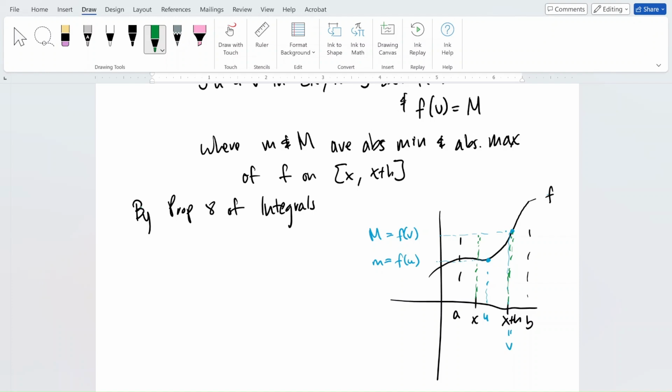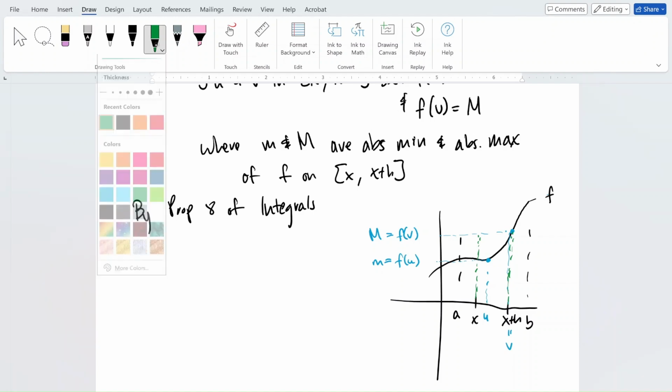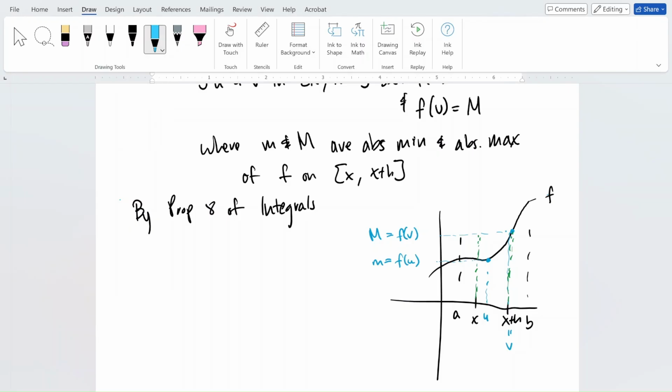So if that's the case, taking my minimum here, if I wanted to approximate the area under this black curve, I can at least bound it below by this light blue rectangle. That light blue rectangle, which is what property number 8 is talking about, has height lowercase m, and the width is x plus h minus x.